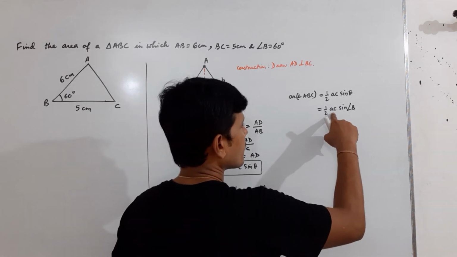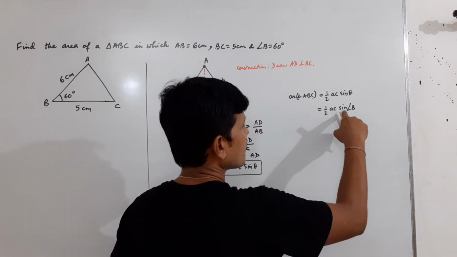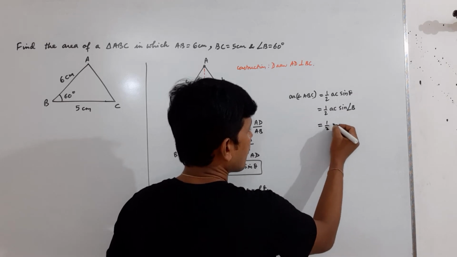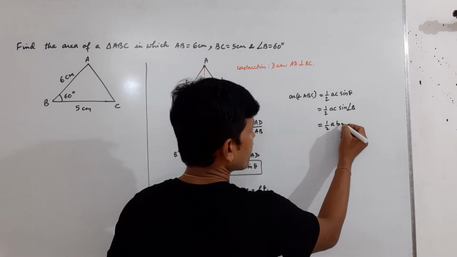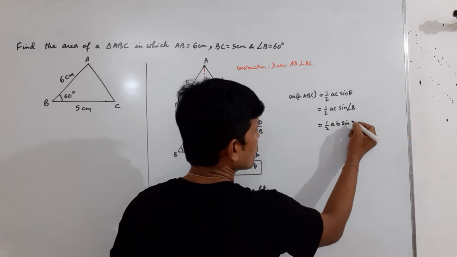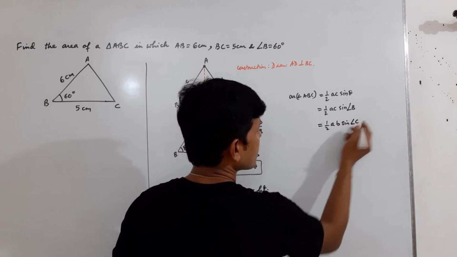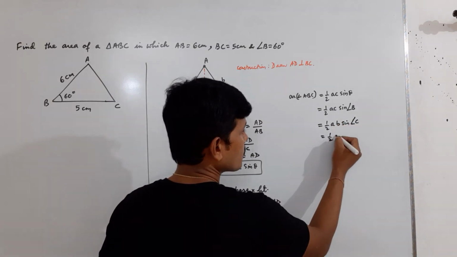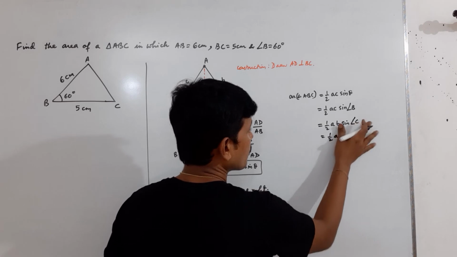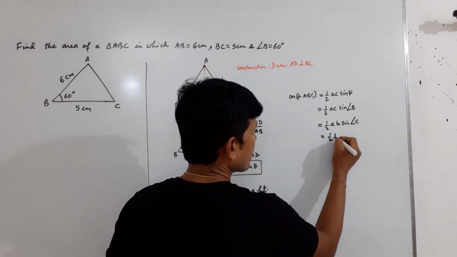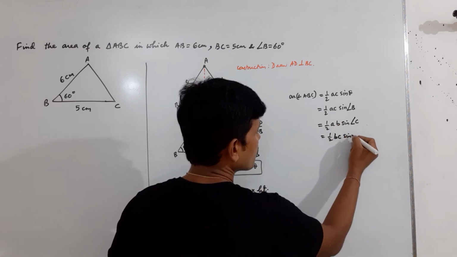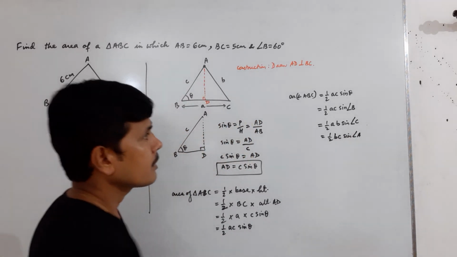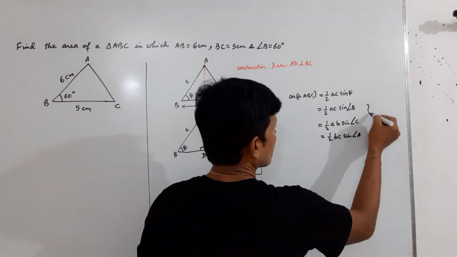When we have a and c, we use sine of angle B. We can also use half into AB, and over here I can use sine of angle C, or we can use half into BC, and if I am using BC, I am going to use sine of angle A. So we have total 3 formulas.